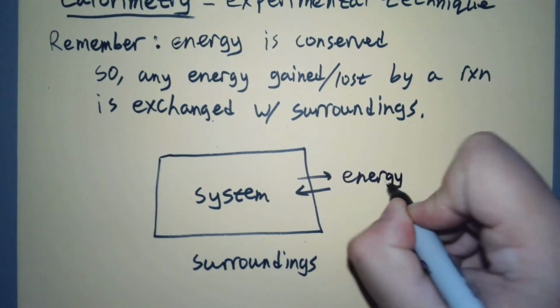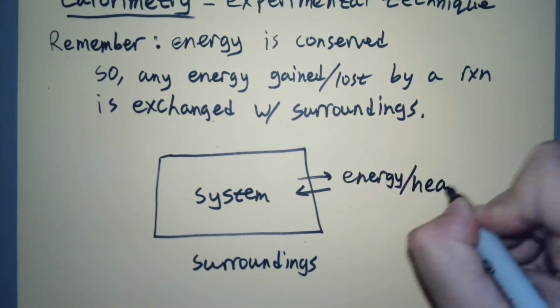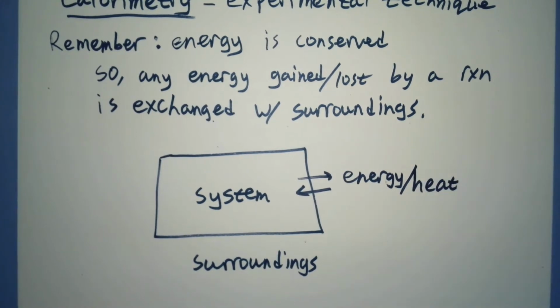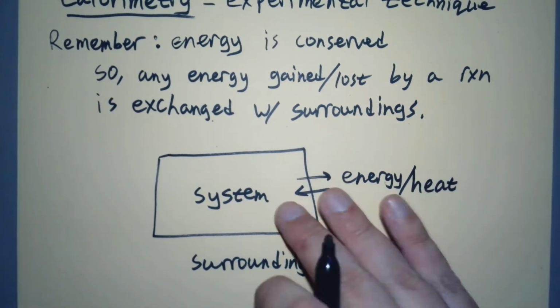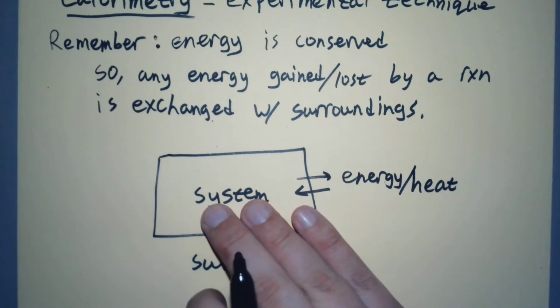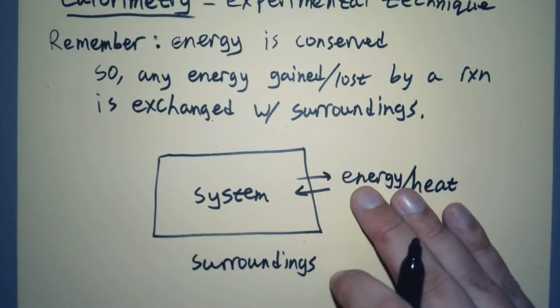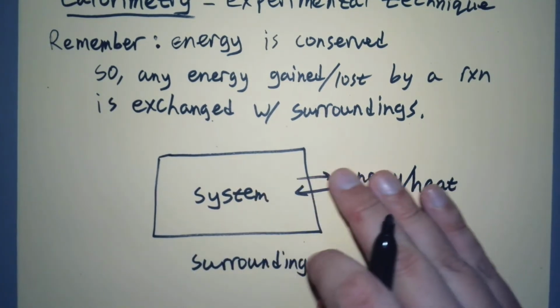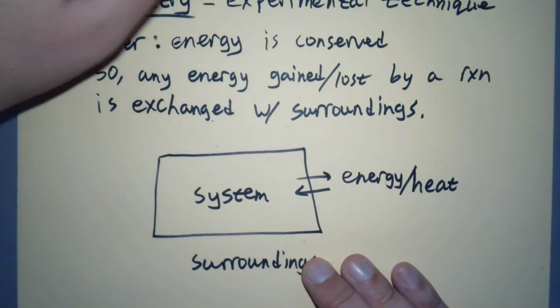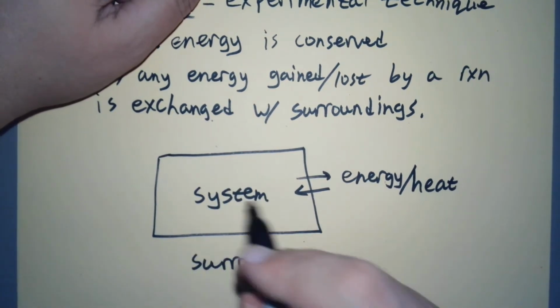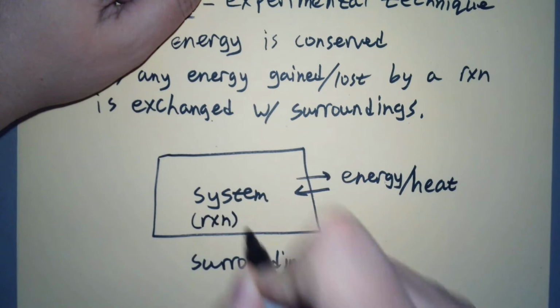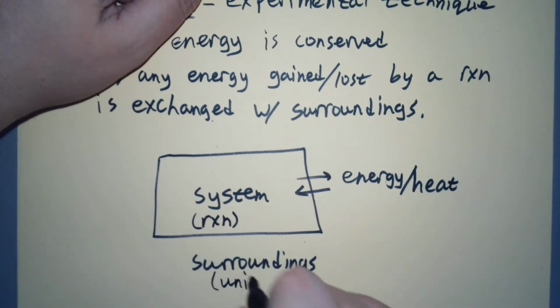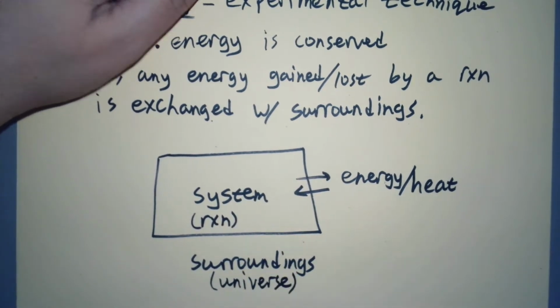Energy/heat is exchanged. If the system needs to dump energy off, it just dumps it in the surroundings. If it needs to pick up energy and absorb it, it absorbs it from the surroundings. And so generally our system is what we care about. Like, it's the reaction. The surroundings, well, that's the whole universe. Okay?